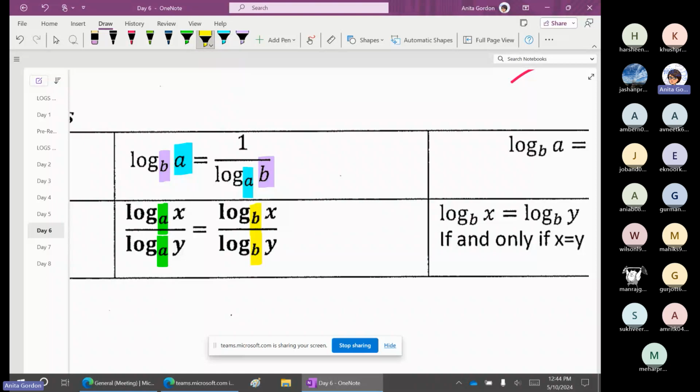Okay, can I do an example? Hold on, let me just think. Here's an example of how this works. Is this true?